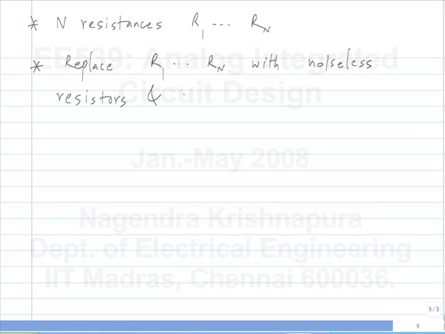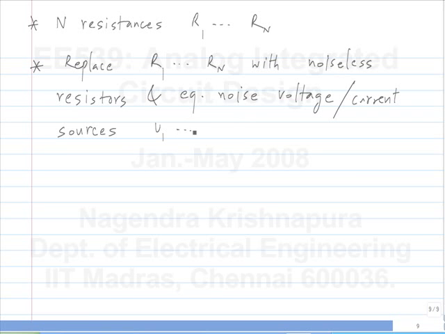And you add equivalent noise voltage or current sources. In this particular case, I will just say I have used voltages, but it can be currents also.